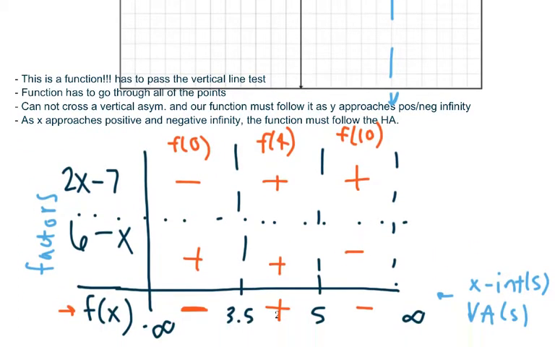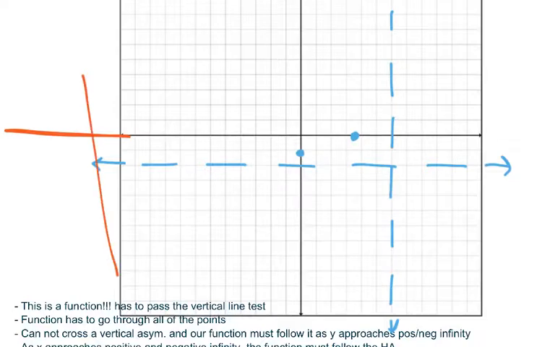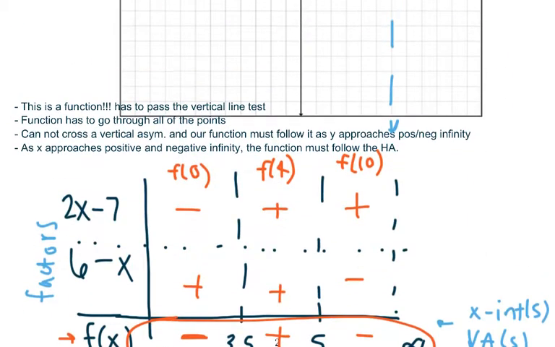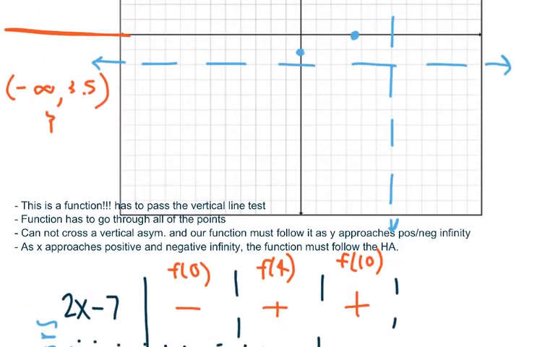Okay, and again, what does this tell us? So this is what we're really looking at. This tells us the intervals that the function is negative or positive. So I know that if we say, okay, we're going to cut it here, from negative infinity to 3.5 and from 5 to infinity, my function is down here.